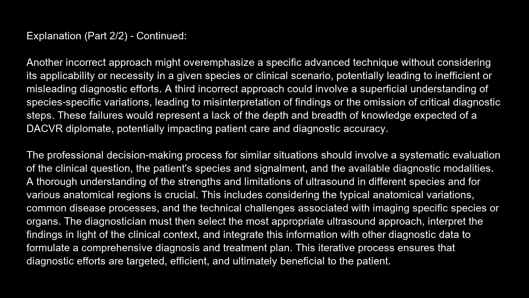The diagnostician must then select the most appropriate ultrasound approach, interpret the findings in light of the clinical context, and integrate this information with other diagnostic data to formulate a comprehensive diagnosis and treatment plan. This iterative process ensures that diagnostic efforts are targeted, efficient, and ultimately beneficial to the patient.